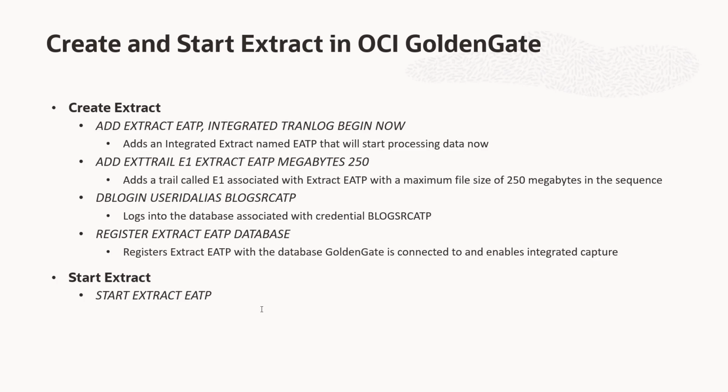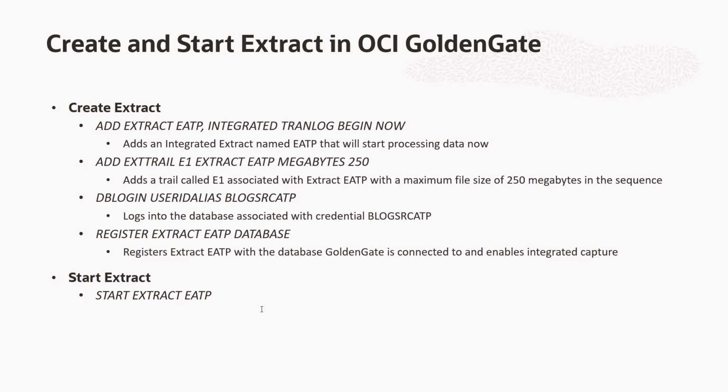Then we are going to add a trail. A trail is where the change data is going to be stored, and we're going to add a trail called E1 that is going to be associated with the extract called EATP, and that trail is actually a trail group that has multiple files in the group, and each file is going to be a 250 megabyte file.